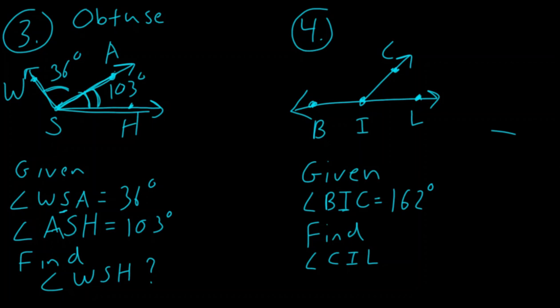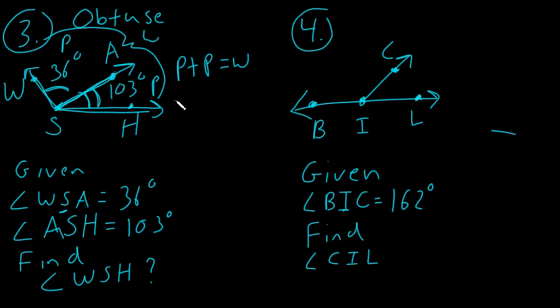Now let's think back to our angle addition postulate. We know that the part plus the part is equal to the whole. And how would you label these two angles? Are they parts or are they wholes? Well, this is clearly a part, that's a part, and we are searching for the whole.